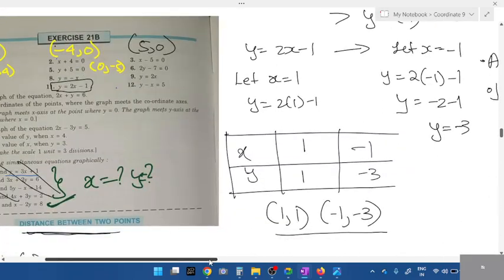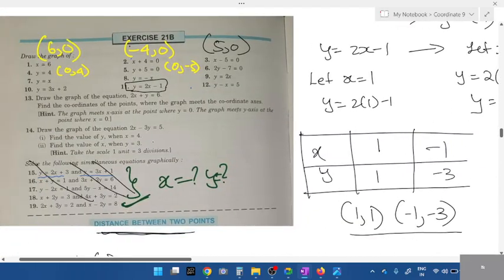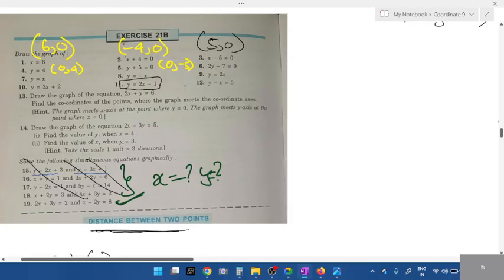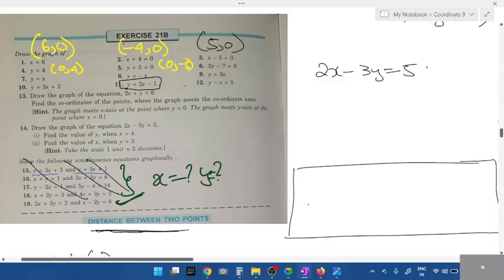Try the last question. 13th one, you all can try. 13th one, we'll do it later. What about 14th one? We need to take values or have they given us? 14th question. They have given the value, right? Okay, first what is given, students? First one. X as 4. Substitute 4 here.